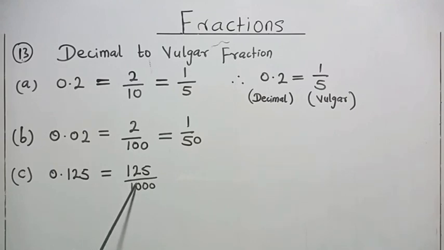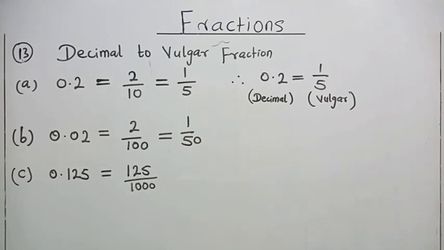Let us reduce it to its lowest term. This is also a fraction, but in decimal form. This has begun to change to vulgar, but has not changed fully. Therefore, we reduce 125 over 1,000 to lowest term. How is it done? We get the highest common factor of 125 and 1,000.